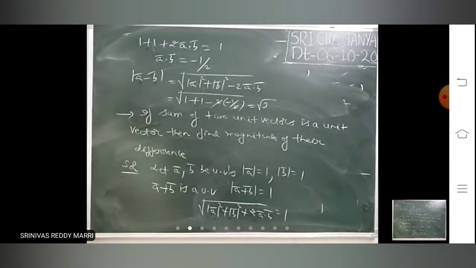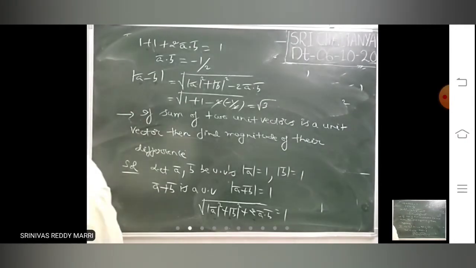That is nothing but root 3. When the sum is given as a unit vector, you calculate A dot B from that, then easily you can calculate the modulus of A bar minus B bar by using the formula.